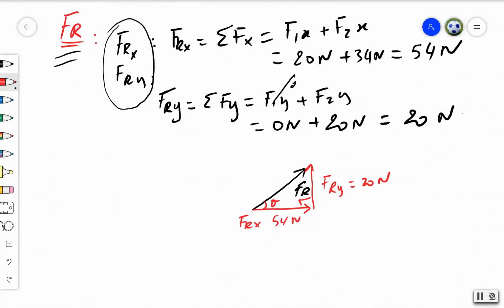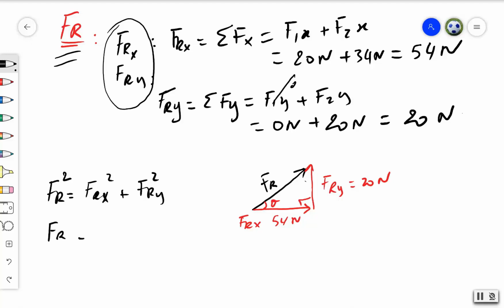So using the Pythagorean theorem, this is FR, the resultant force. FR squared equals FRx squared plus FRy squared.